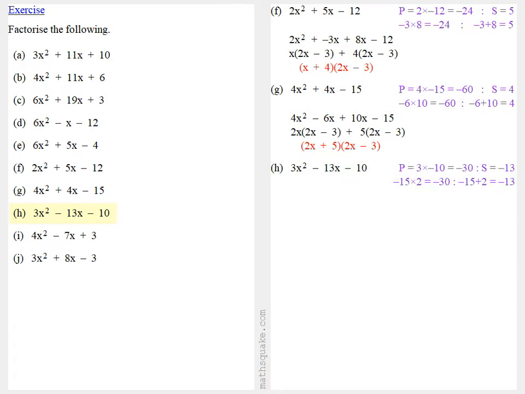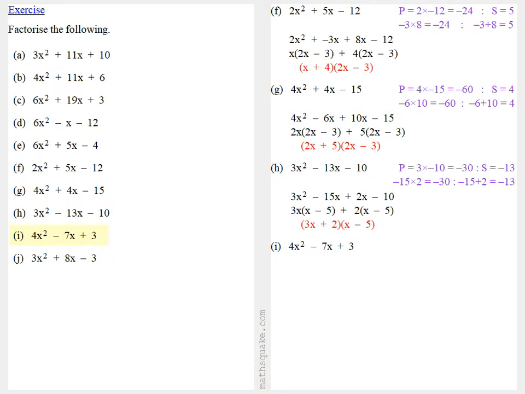Minus 15 times 2 is minus 30. Minus 15 plus 2 is minus 13. So the equation splits up into 3x squared minus 15x plus 2x minus 10. And these factorise as 3x into x minus 5 and 2 into x minus 5. So we're left with 3x plus 2 into x minus 5.